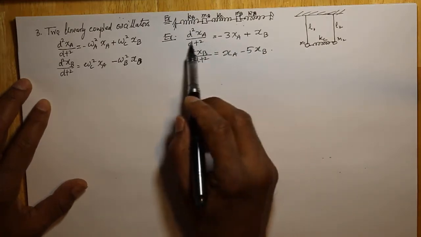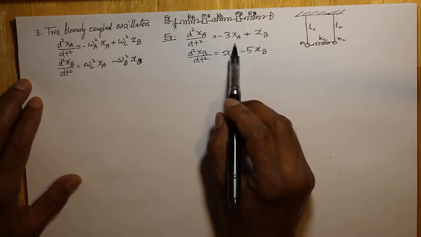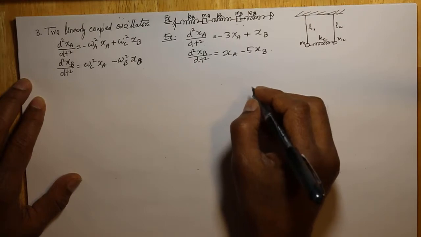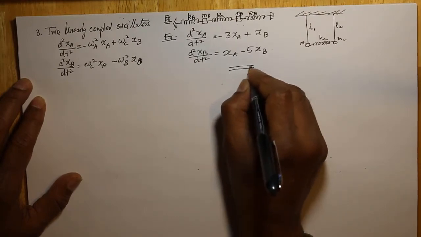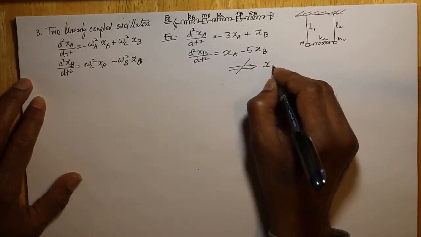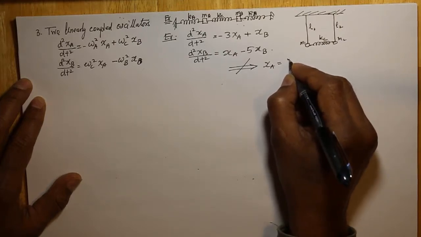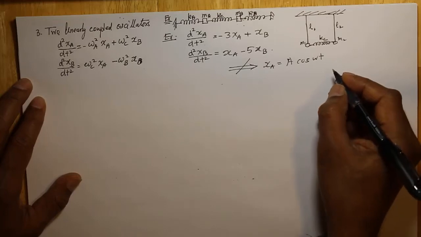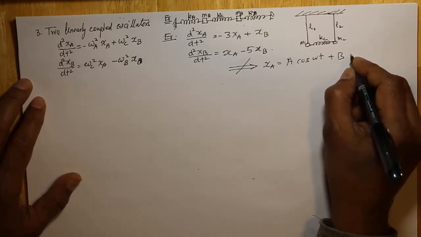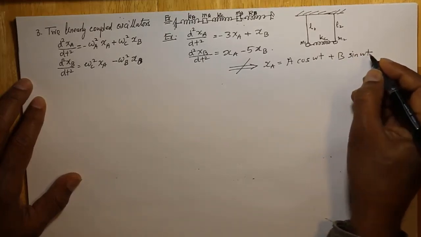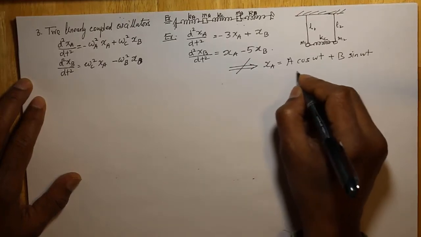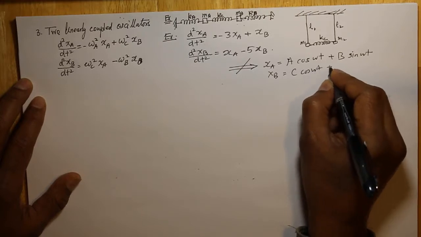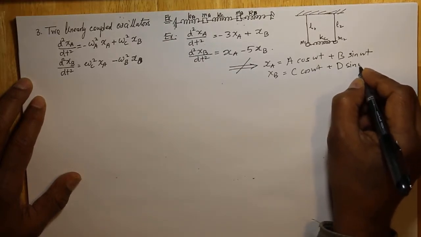If you were to solve xA and xB, you don't get xA equals some A cosine omega t plus B sine omega t, and you don't get xB equals some C cosine omega t plus D sine omega t.